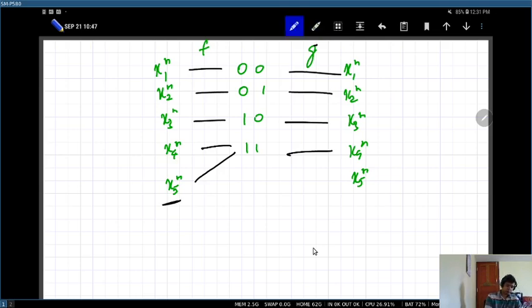Okay, so the first thing to note is that I can map x5n to any sequence I want. It doesn't matter, right? So in terms of the rate and the probability of error, the probability of error remains the same irrespective of whether x5n is mapped to 11, or to 10, or to 01, or to 00, because x5n is not going to be reconstructed at the output at all, right?